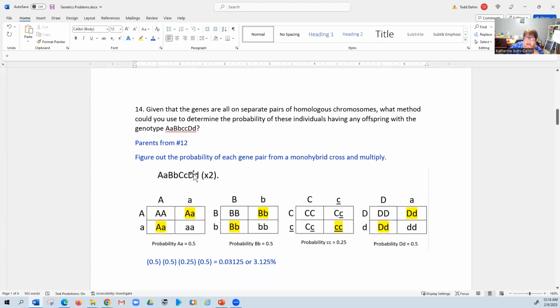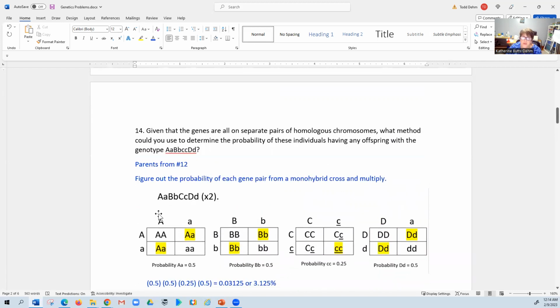So the way to do this is to figure out a monohybrid cross for each gene. So for the A's, here's a monohybrid cross, and they're both het, so big A, little a, big A, little a. They're all hets because the parents were hets for everything.